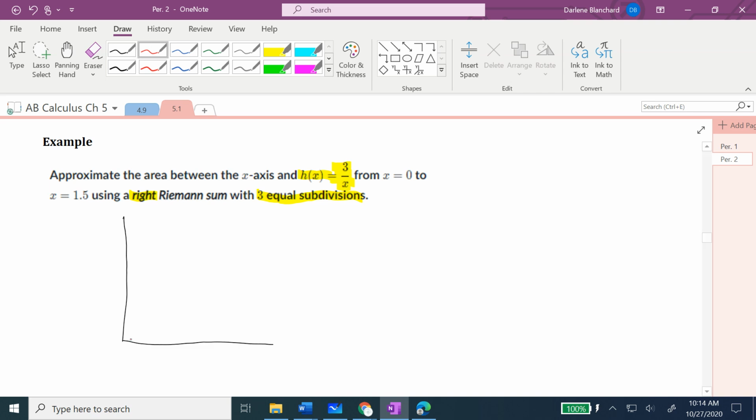From x equals 0 to 1.5, I'm cutting the x-axis up into 3 equal subdivisions. So make sure you do that correctly, and I'll draw a little bit of this graph. Just a mild attempt at it, not the perfect graph.